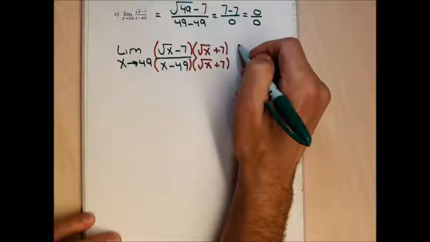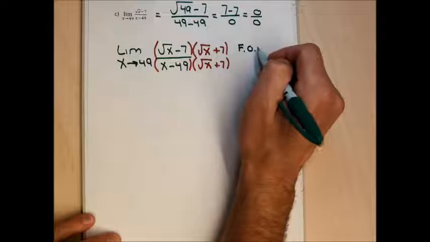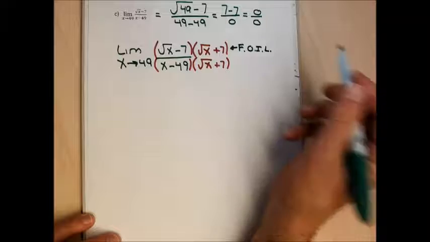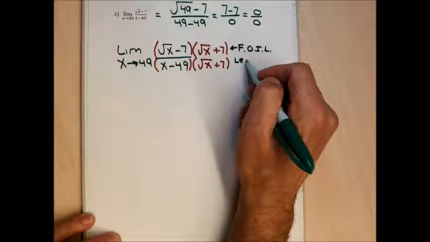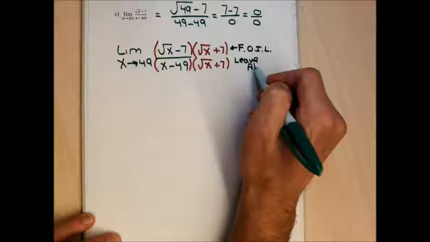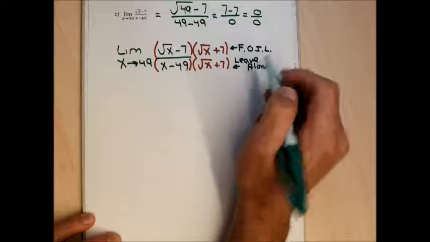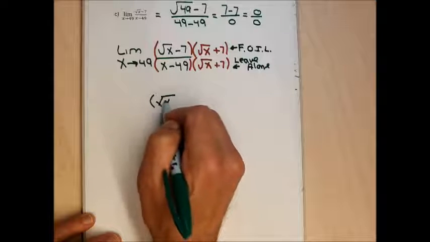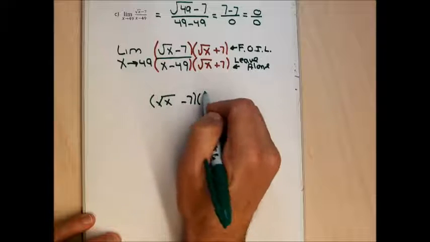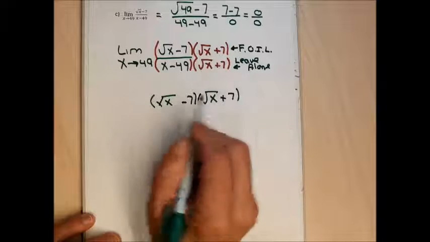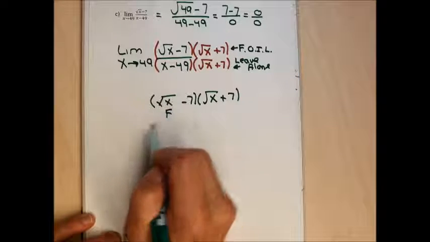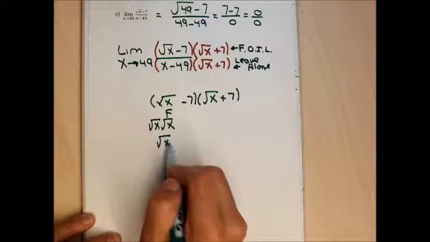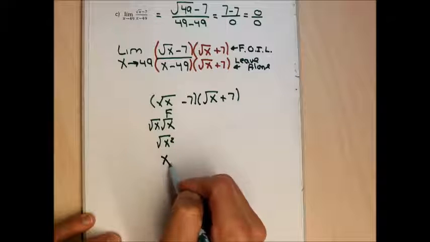And the next step that I'm going to do to help me find the limit is I'm going to FOIL the top, and I'm going to leave the denominator alone. So let me just do this foiling really quickly. The foiling I need to do is the square root of x minus 7 times the square root of x plus 7. I'll do that by doing firsts, which are the square root of x times the square root of x. That's going to be the square root of x squared, and the square root of x squared is just x.